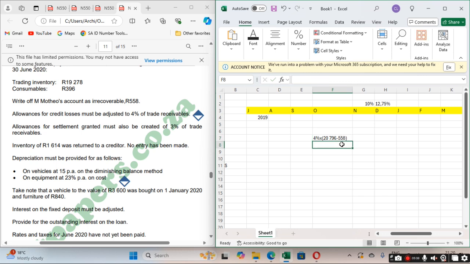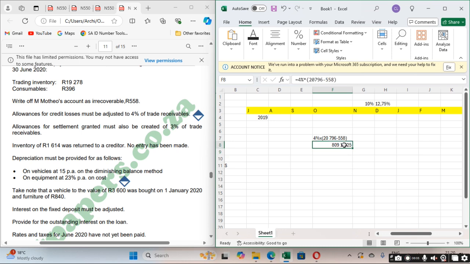So it equals 4% multiplied by open bracket 2796 minus 558 close bracket, and then you enter.